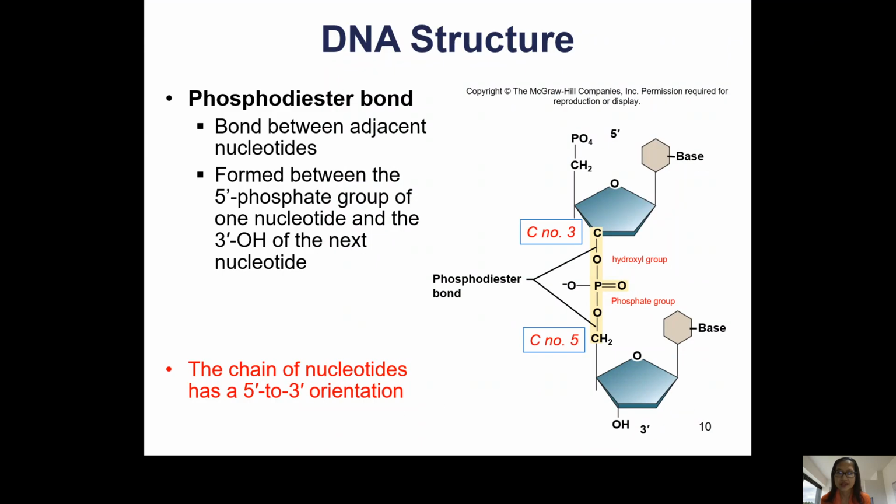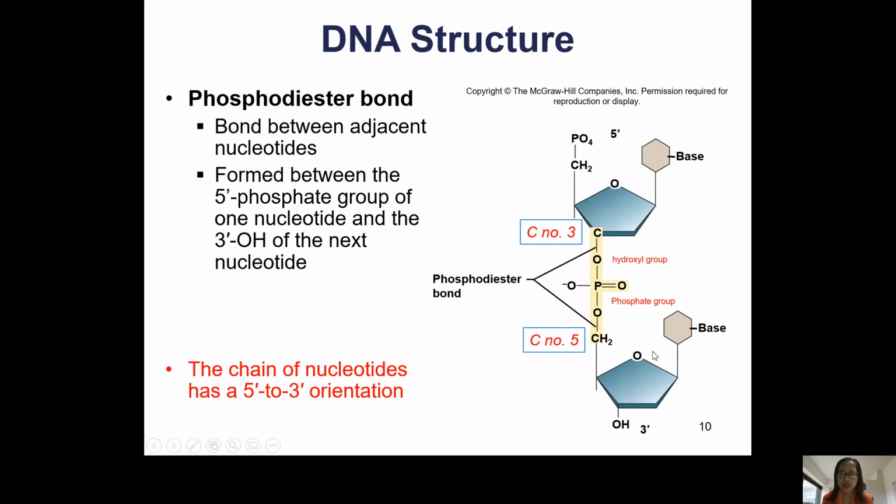Okay, this one. So this is the phosphodiester bond that is formed between the carbon number 5 here on these nucleotides, and the carbon number 3 here on the adjacent nucleotide. And how is it numbered?